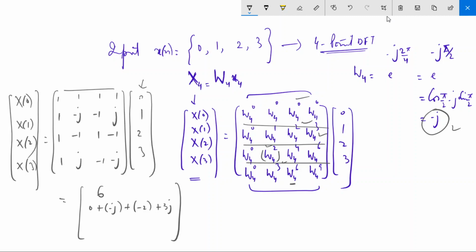Similarly, in the third row, you have this multiplied with this column, so it is 0, minus 1, 1 into 2 plus 2, minus 1 into 3. The last is your 0. j into 1 is j. Then minus 1 into 2 it is minus 2, minus 3j.